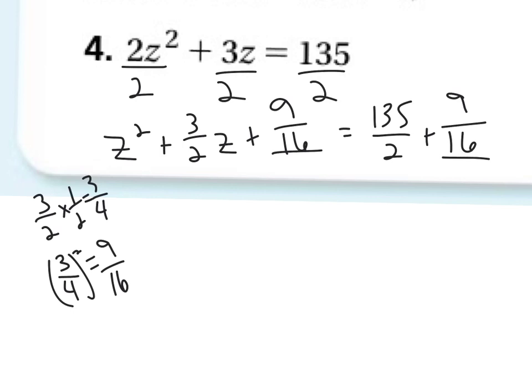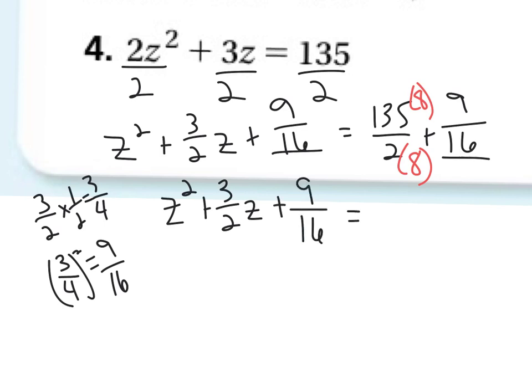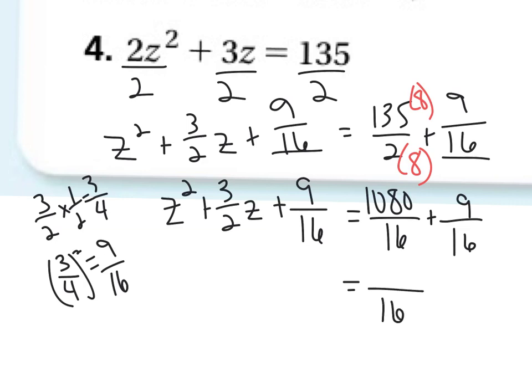So then over on the right side, we can get a common denominator of 16. So we combine those together, would end up being 1089 over 16.